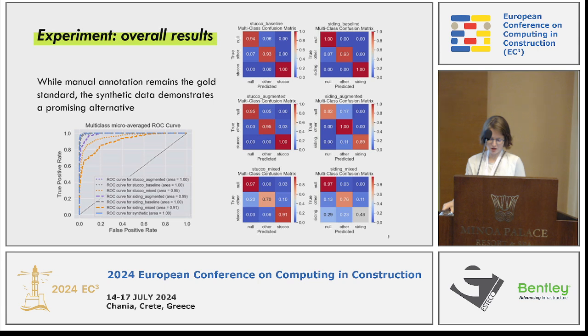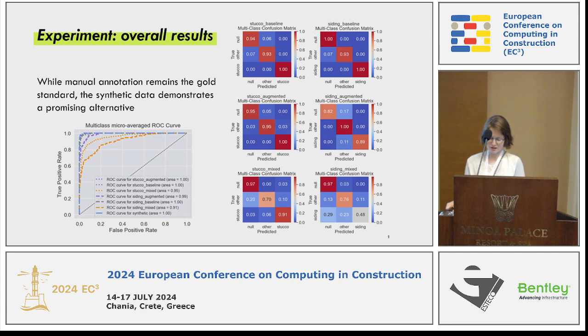From the augmented confusion matrix, we can see that the augmented stucco sub-experiment had a higher performance than the augmented siding sub-experiment because these two had different ratios of synthetic to manually annotated data. The augmented stucco sub-experiment brought better performance than the baseline, though. So it becomes clear that there's a ratio where the benefits of augmenting the dataset can decrease as we increase the synthetic data.